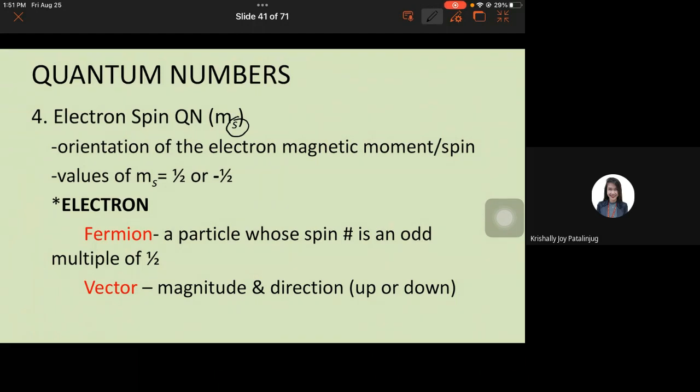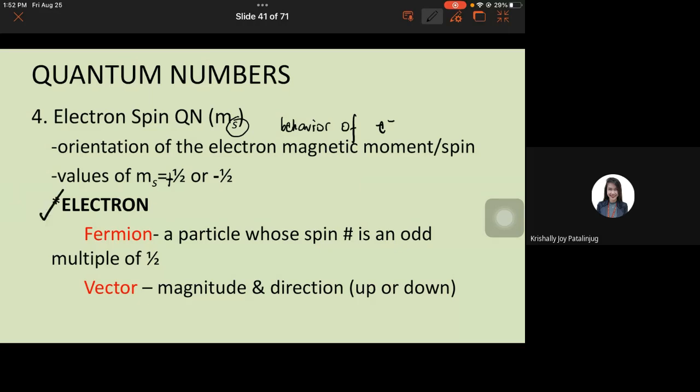So it describes specifically the behavior of the electron, or the magnetic spin of the electron, which could have the following values: positive 1/2 or negative 1/2. Okay, now why does it have these values of 1/2?